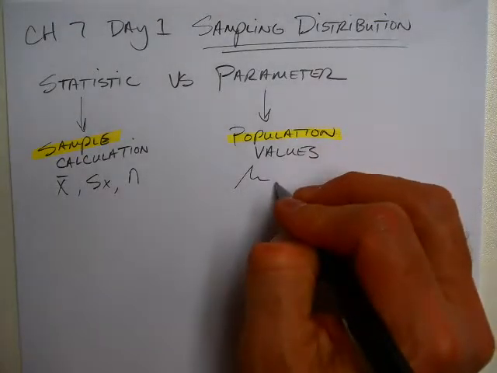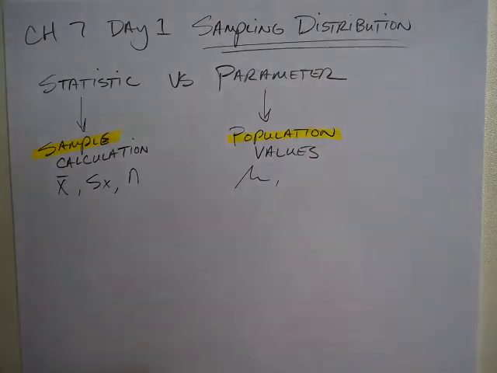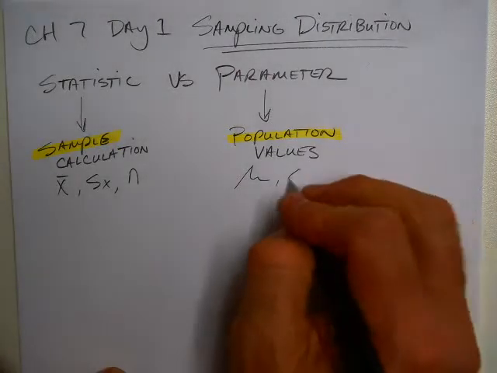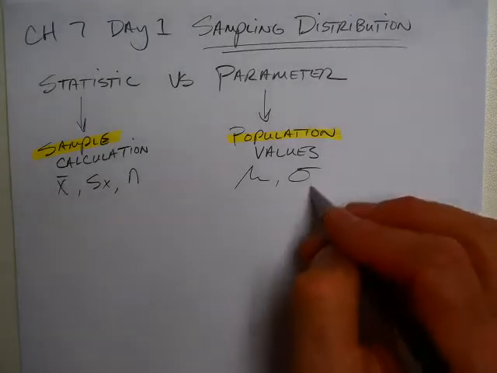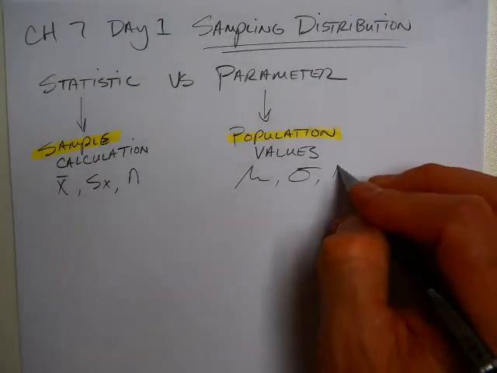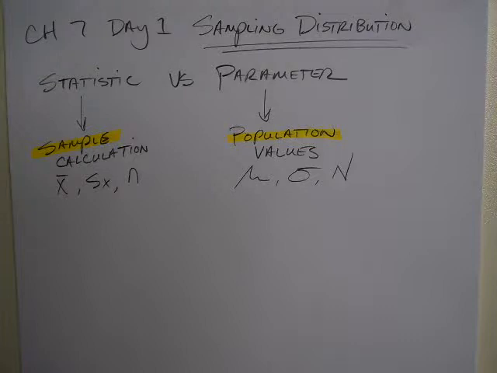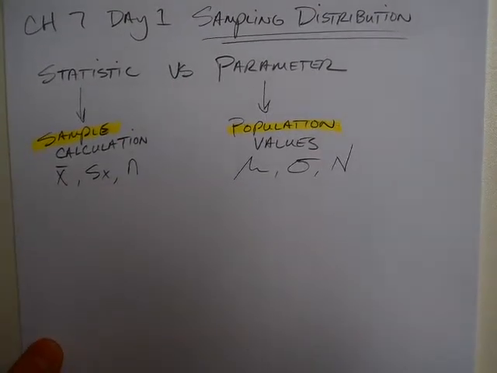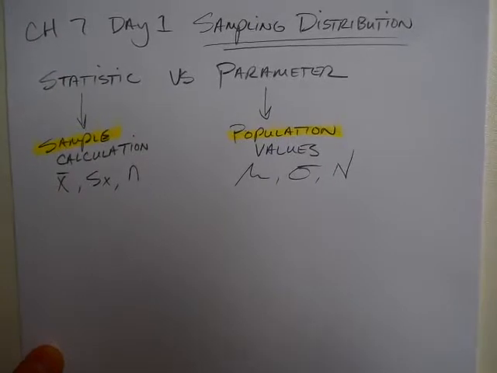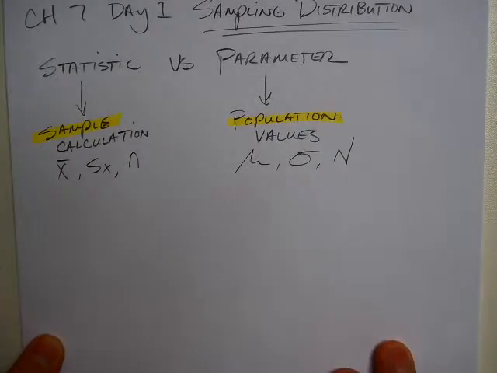So mu, it's the population version of X bar. Sigma, it's the population version of SX. And big N, for our population size. Again, we've talked about this a number of times. Oftentimes these are unknowable. They have to be given to us, and how they've been assessed is really what sampling distribution is kind of about.